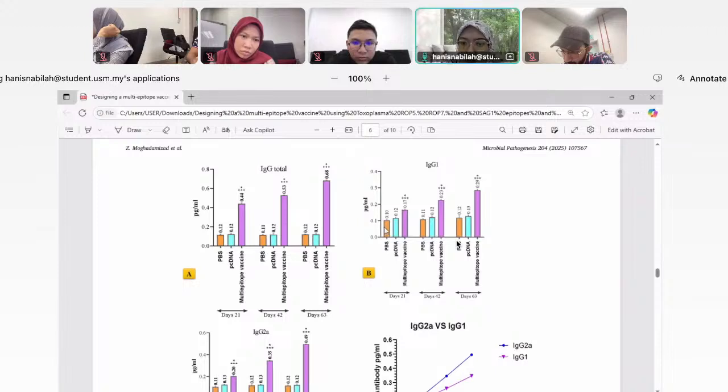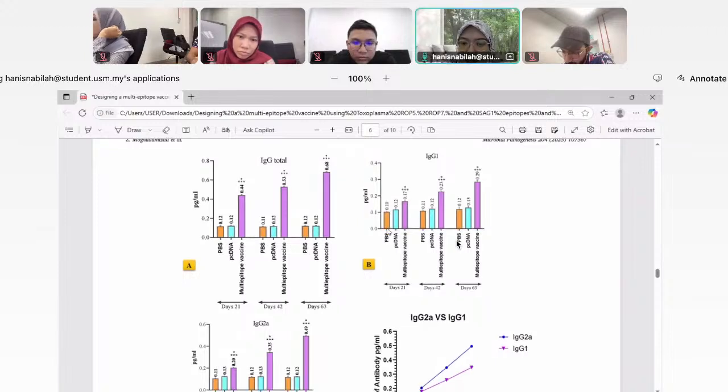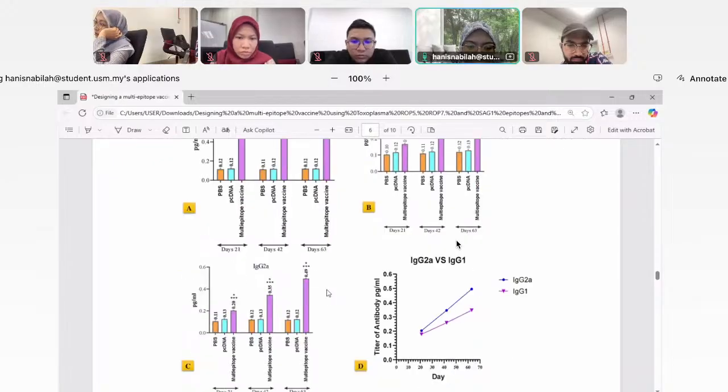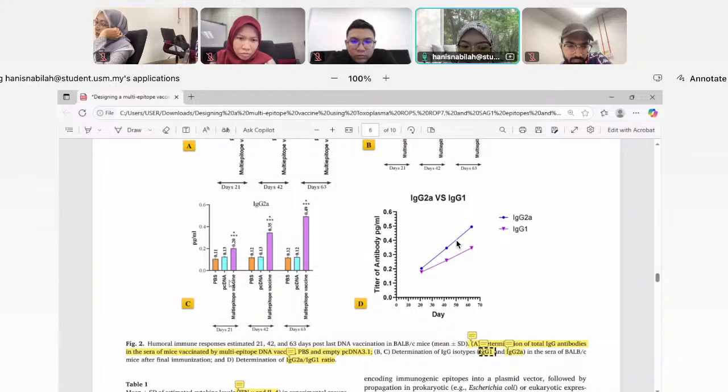And then for the IgG1 isotype, to check the antibody-mediated response, the total of IgG1 also increases. And the IgG2a total also increases in the multi-epitope vaccine.